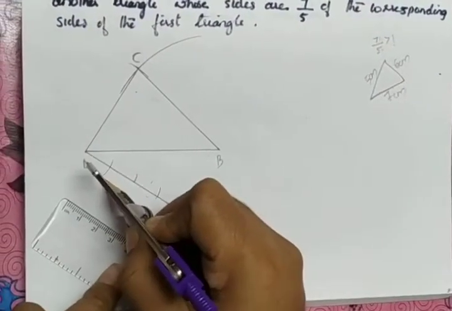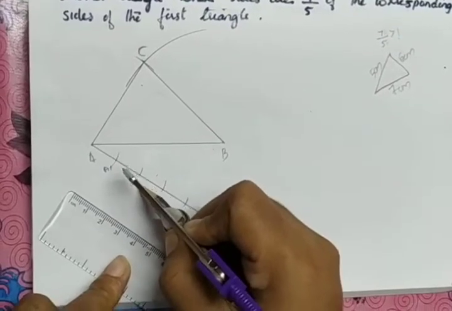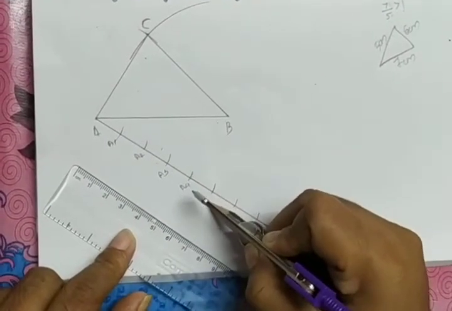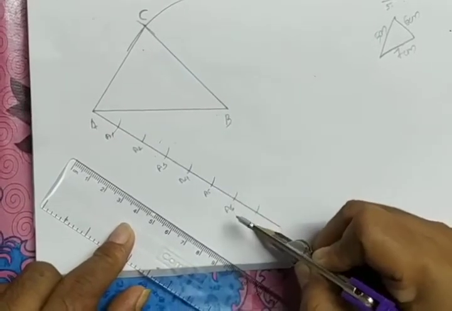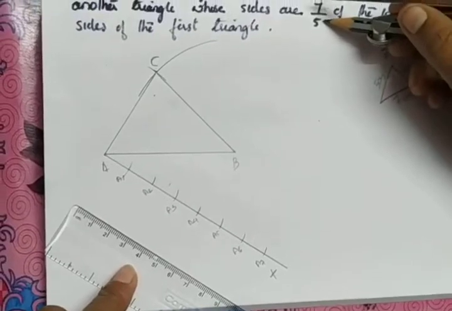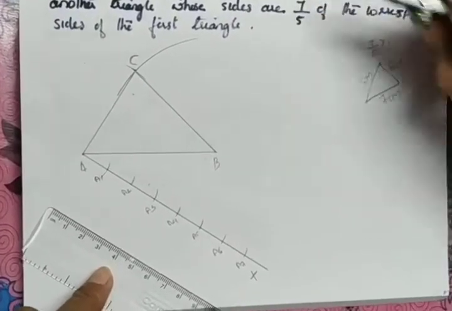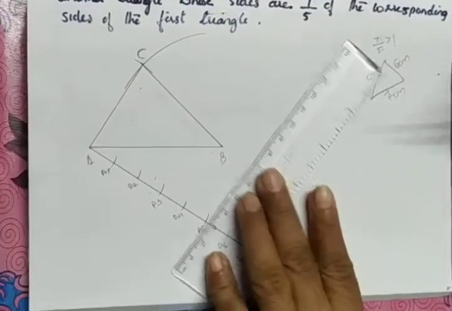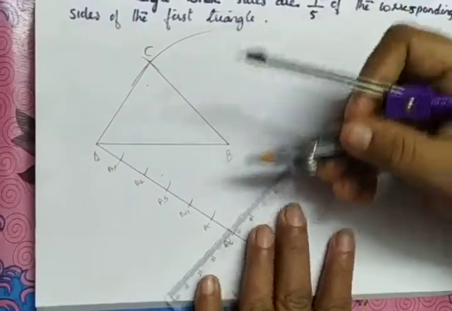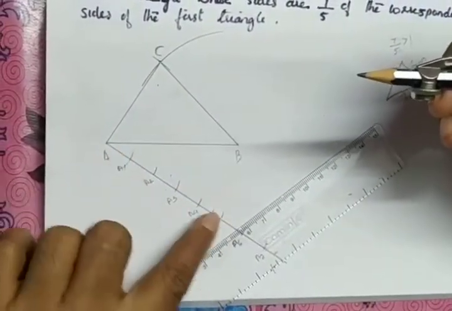And I am naming them A1, A2, A3, A4, A5, A6, A7. Again, take the smaller number of the scale factor. The smaller number of the scale factor is 5, isn't it? Join the fifth point with the vertex B. If you are taking a smaller radius, A5 will be somewhere here in between the line.